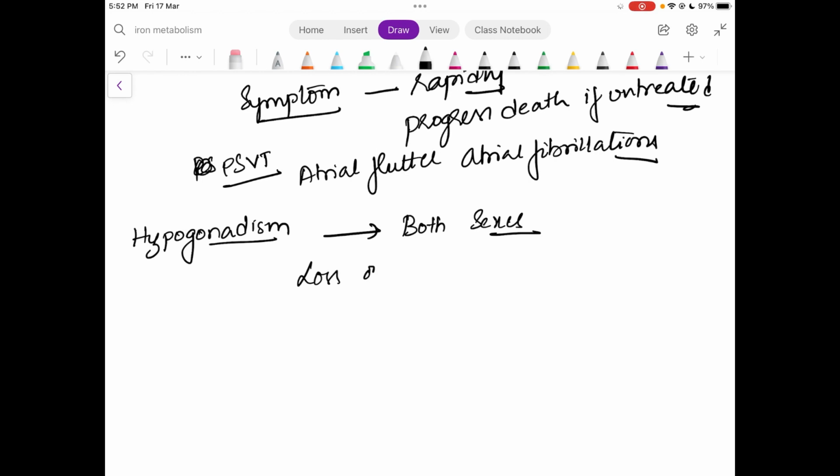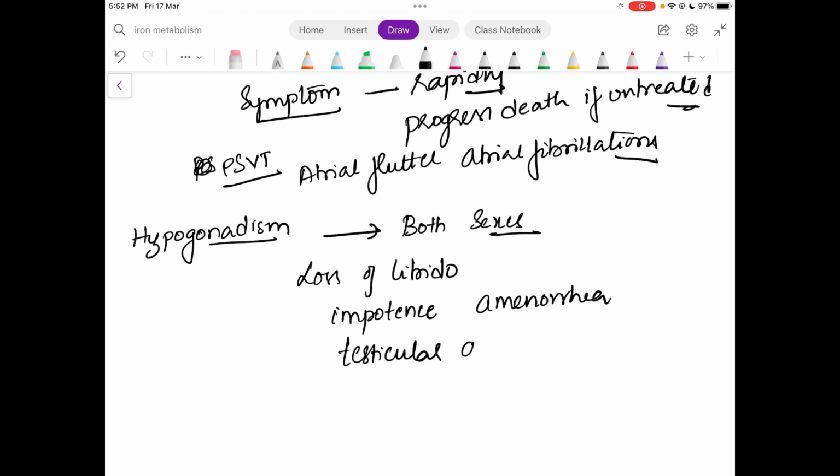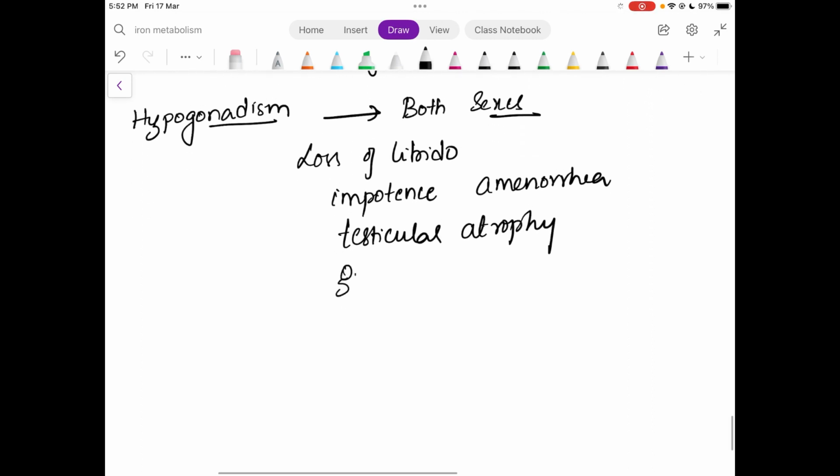They will cause loss of libido, impotence, amenorrhea, testicular atrophy, gynecomastia, sparse body hair. These are the symptoms which are seen in hypogonadism.